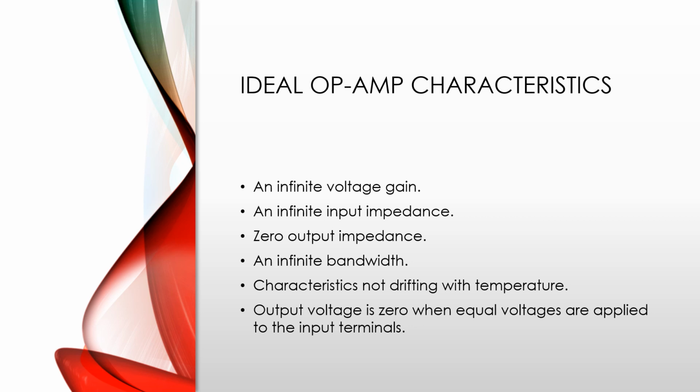We get a finite bandwidth, characteristics change with temperature, and for a practical op amp we do not get an output voltage of 0 when equal voltages are applied to the input terminals. So these are the ideal op amp characteristics which differ from the practical op amp characteristics.